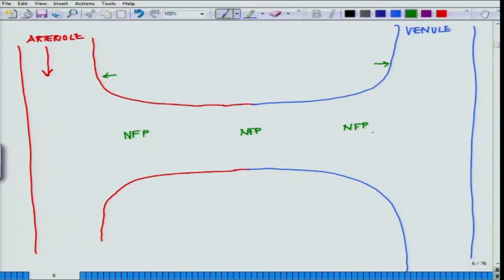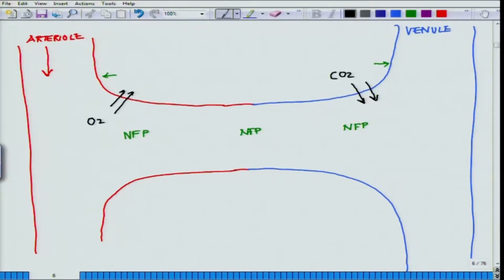This is the zone where the capillary is giving away oxygen, because this is oxygen rich blood which is coming, and this is the zone where capillaries are taking in carbon dioxide from the surrounding tissue. These are the two zones.